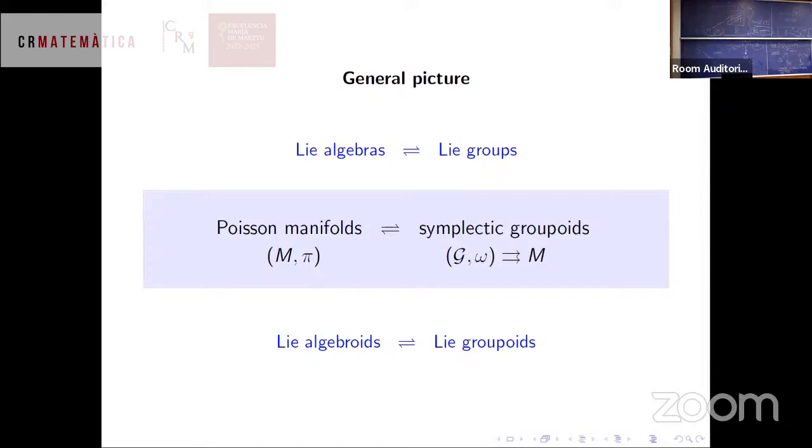Given a Lie algebra, you can see it as a very special type of Poisson manifold. And a Poisson manifold, as I will explain, is a very special type of Lie algebroid. So here in between, there is a Lie type theorem that relates Poisson manifolds as infinitesimal objects to something global. And the something global is the symplectic groupoids.